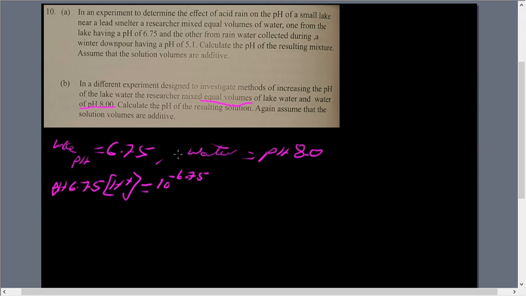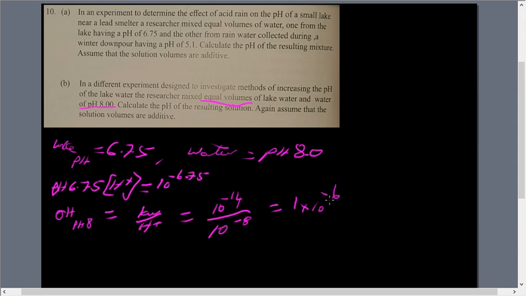Looking across at that, the OH concentration at pH 8 is going to be equal to Kw divided by the hydrogen ion concentration, which is 10 to the minus 14 divided by 10 to the minus 8, which is equal to 1 times 10 to the minus 6. So this is the concentration of OH minus ions.